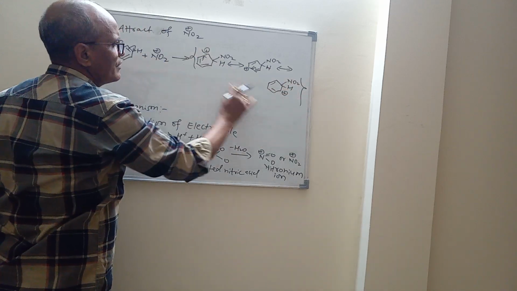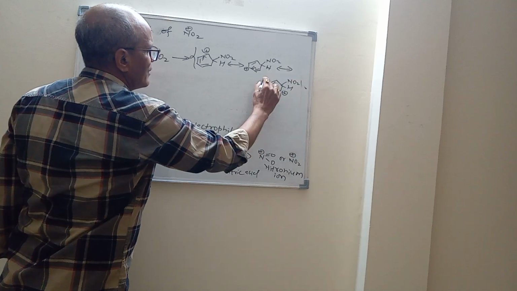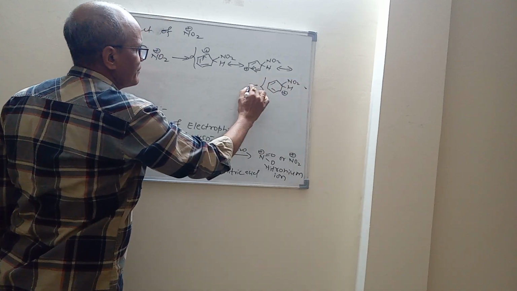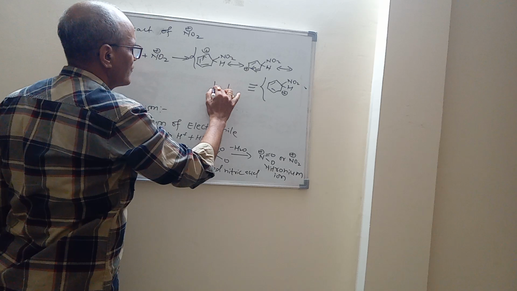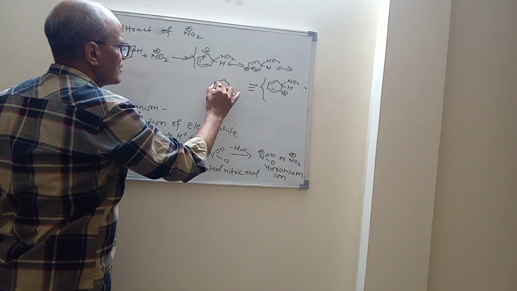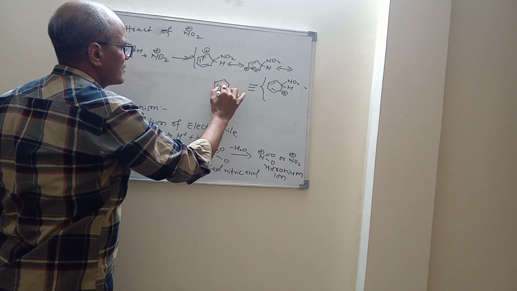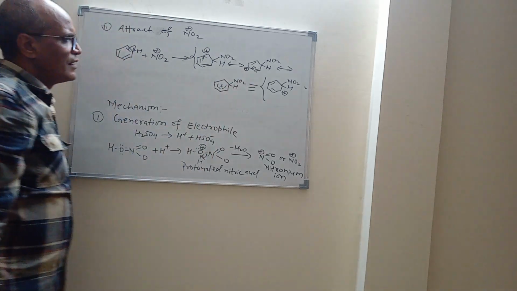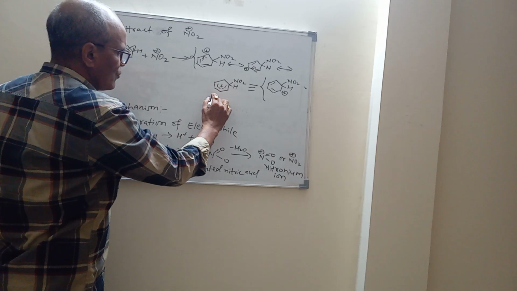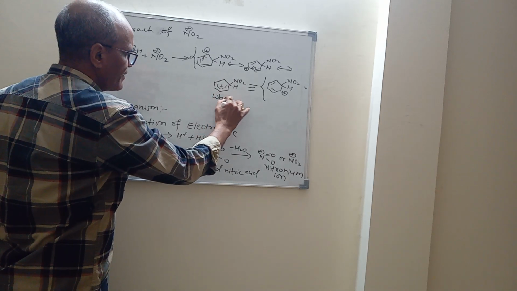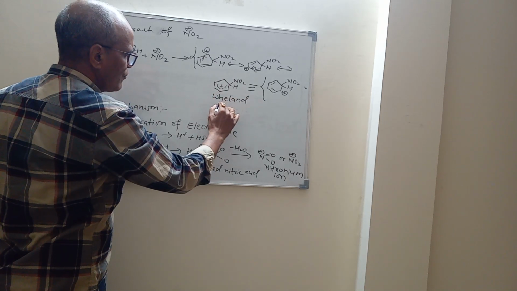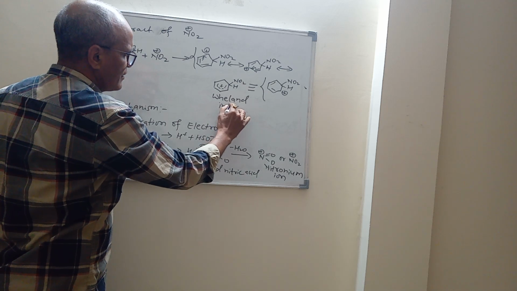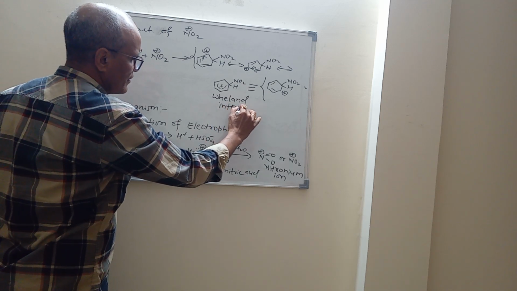Now the equivalent of these three gives us this resonance hybrid structure. This is a wheland intermediate. It is called wheland intermediate.